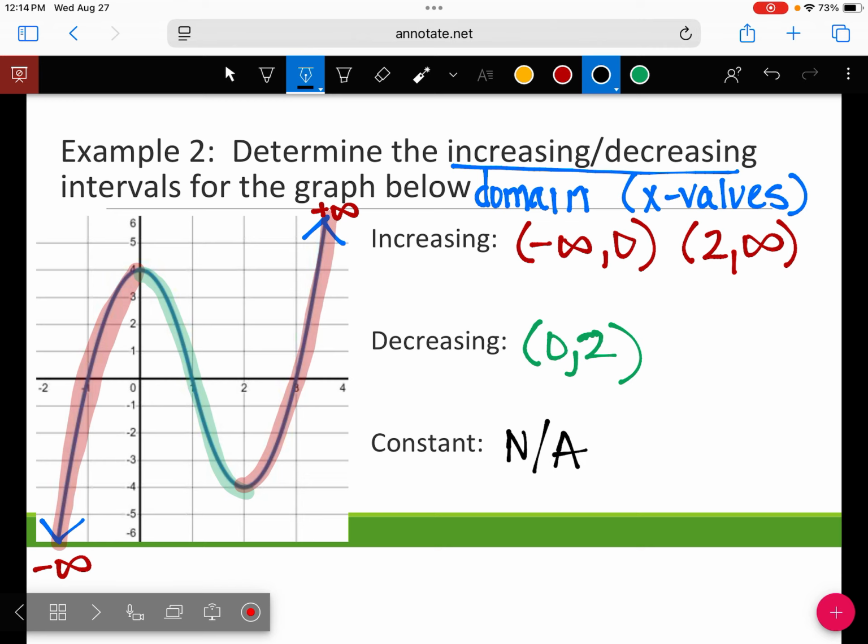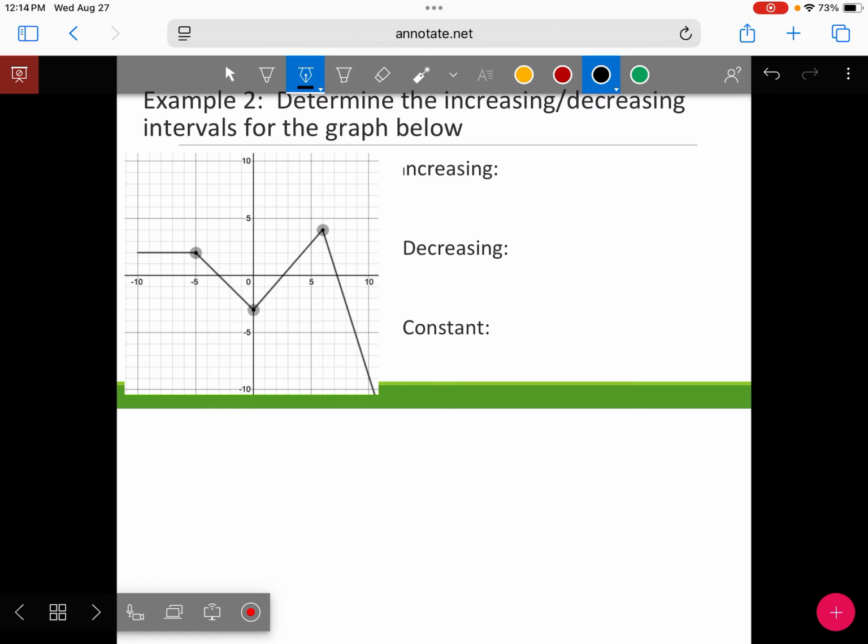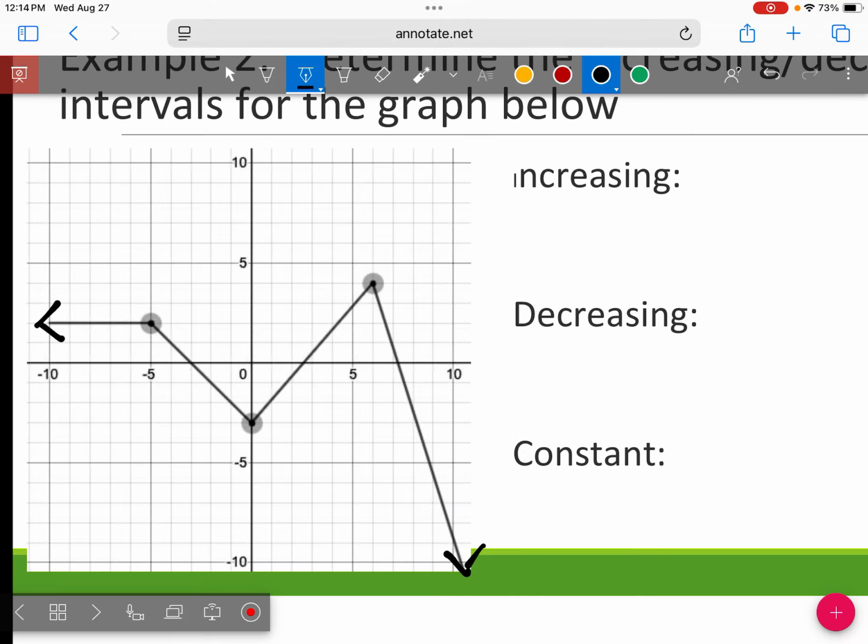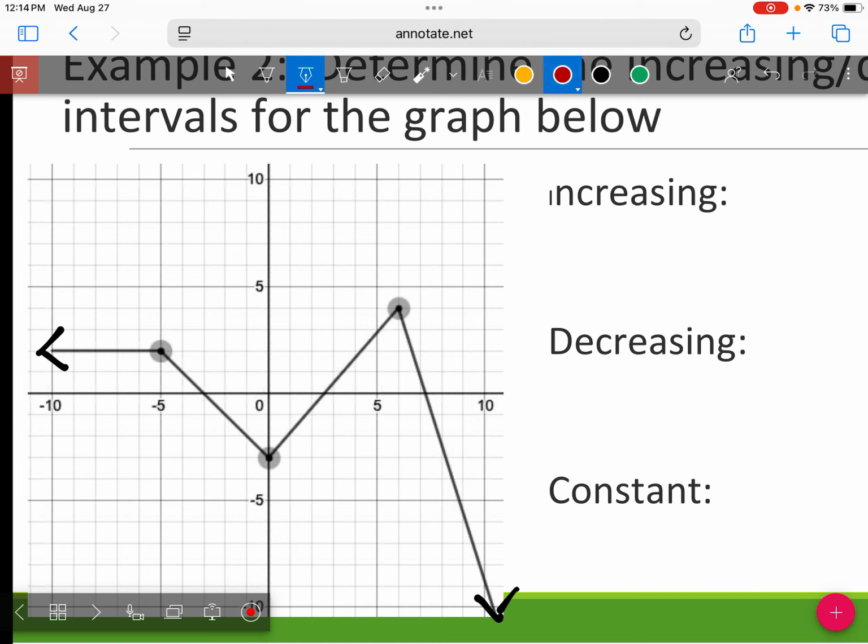All right, so now let's look at our next graph. So go ahead and add the arrows if you haven't already. So again, this is negative infinity because that's the left arrow. This is positive infinity because that's the right arrow.